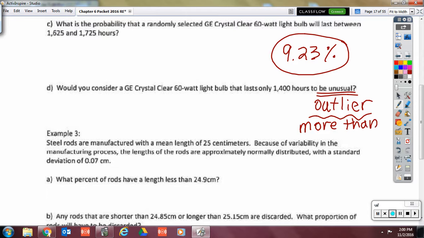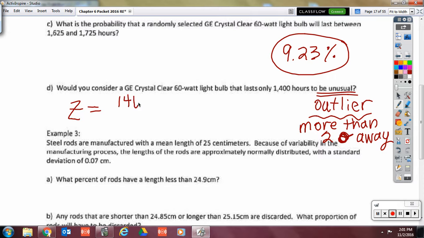If you are more than 2 standard deviations away from the mean, you are an outlier. So I need to see how many standard deviations that is away from the mean. What is a measure of how many standard deviations? That's what your Z-score is.